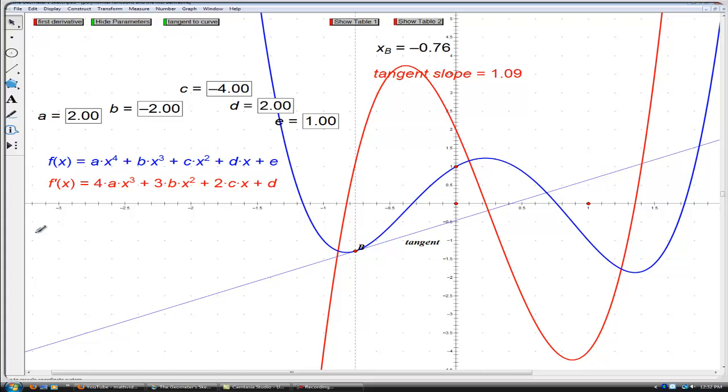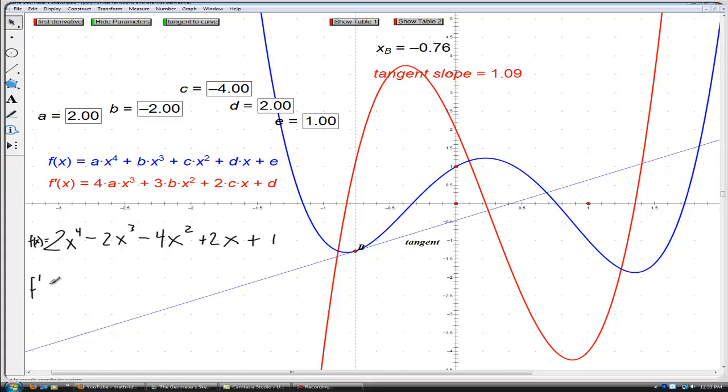So at the moment we have 2x to the fourth. My b value is -2, so this is minus 2x cubed. My c value is -4, so this is minus 4x squared. D is 2, that's plus 2x. E is 1, my constant is 1. And you can see that the y-intercept is 1, f of x.